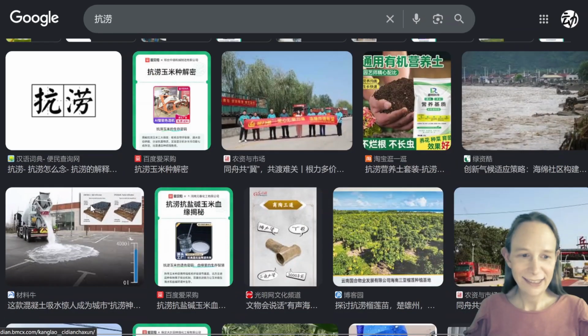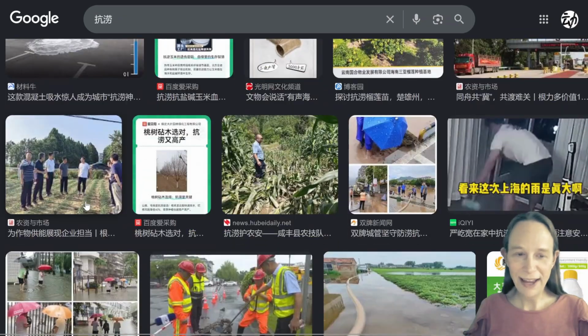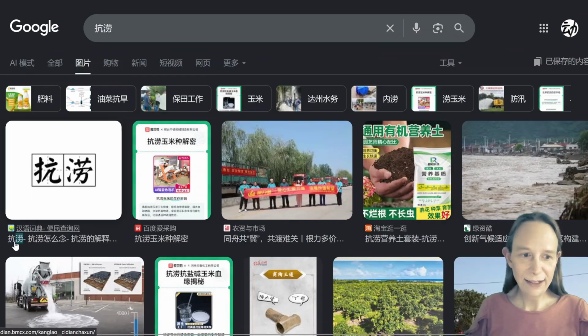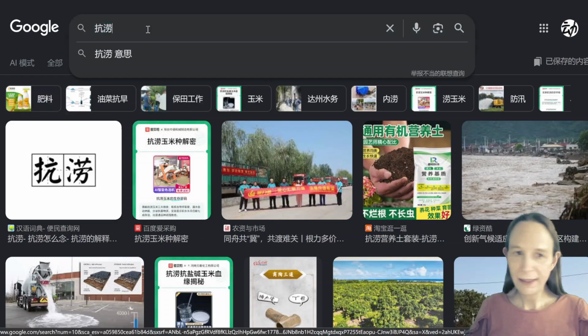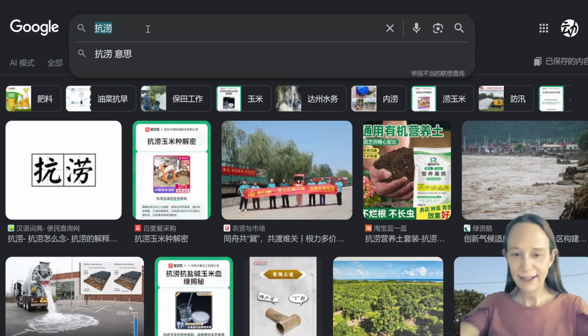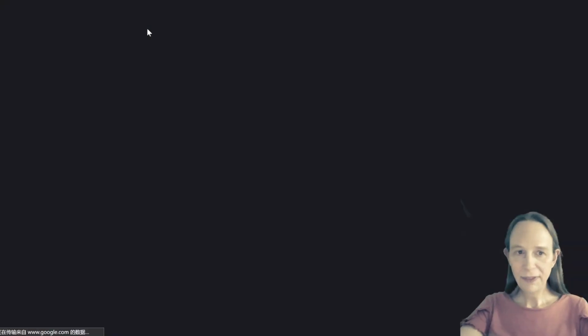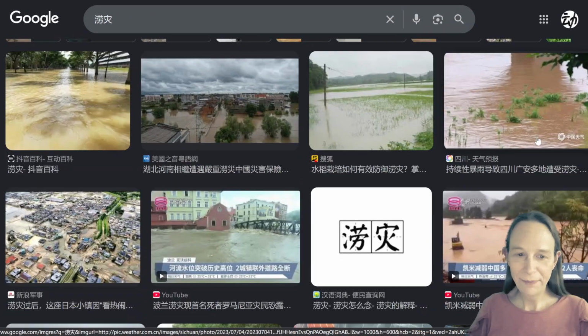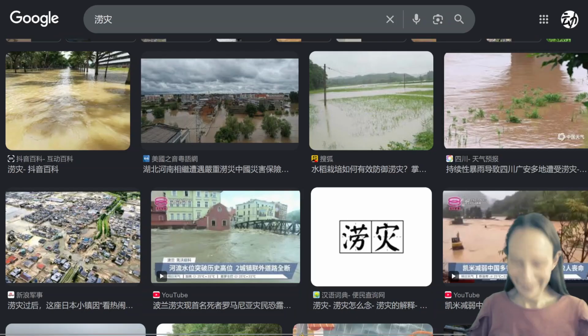How do you prevent floods? You need engineering projects. Hong Lao. And Lao Zai. So a flood disaster. Yep, that's a flood. Lao Zai.